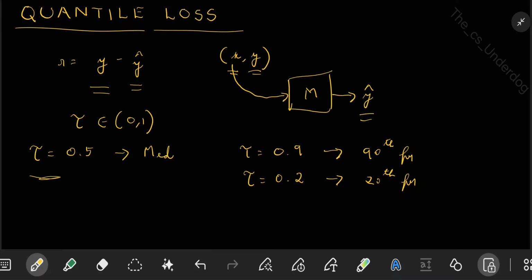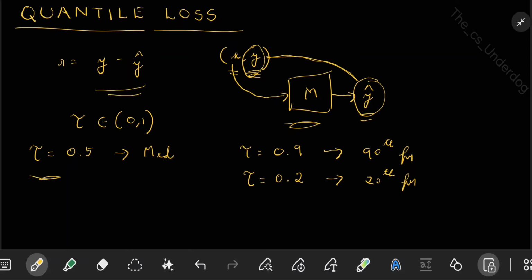This y cap may not have the exact value of y; it may be slightly differing. Whatever is the difference between y and y cap is your error or residual. You want to decrease the error so that your model will give you perfect outputs. So your residual is y minus y cap.